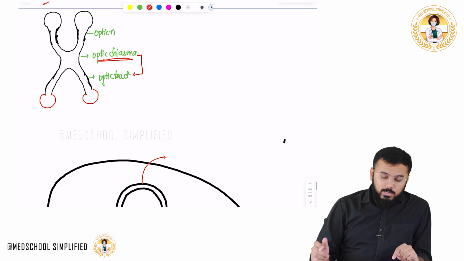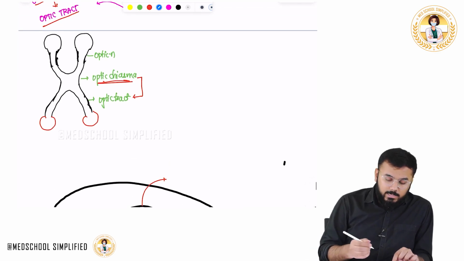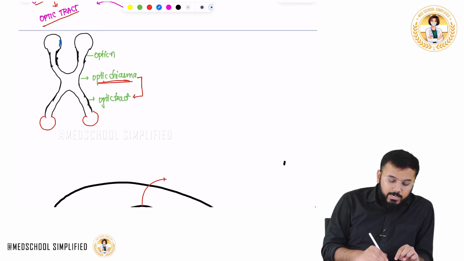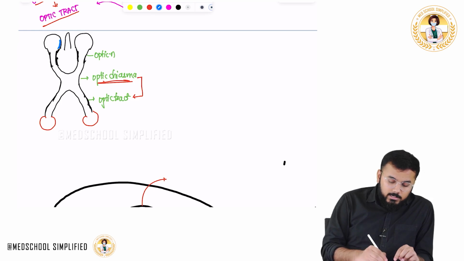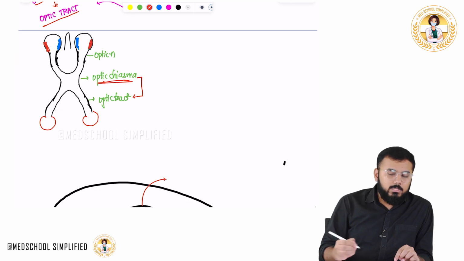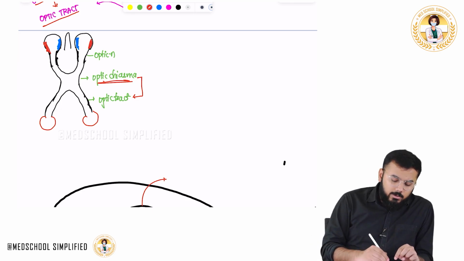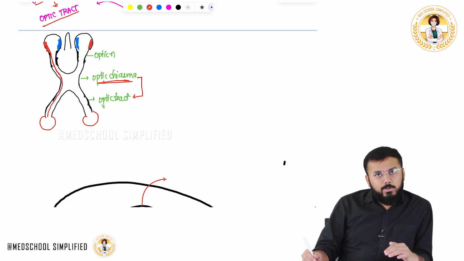Why did I say partial decussation? See, for example, this is the medial side. This is the nose in the center, all of you know, right? So from the medial side also you have retina. Let us say this is the retina on the medial side, and this is the retina on the lateral side, or you can also call it the temporal side. Now from the retina of the lateral side, you see fibers are coming like this. Are these fibers going to the opposite side, or are they present on the same side?